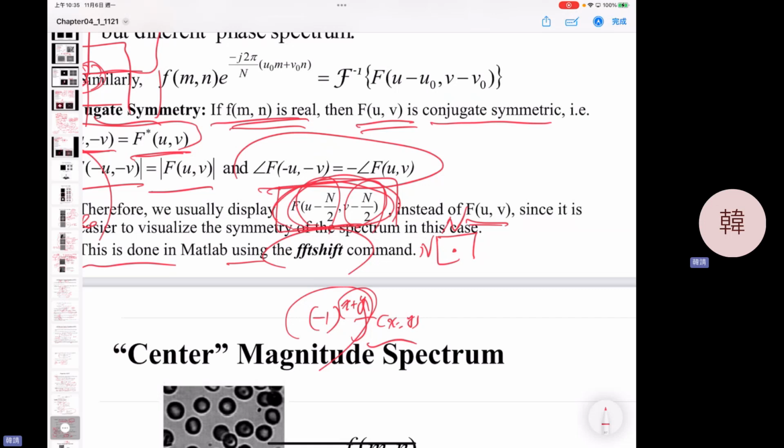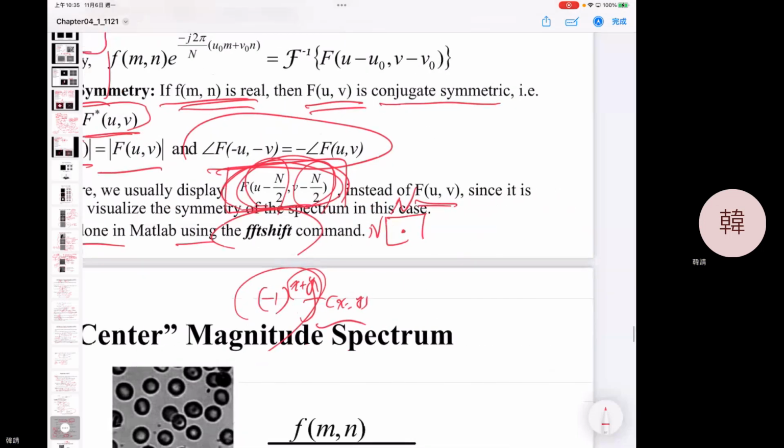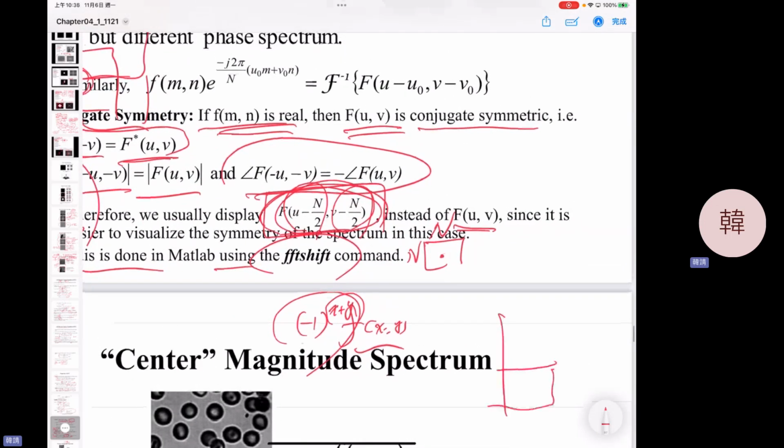But if you look at your magnitude spectrum immediately, you will see your low frequency component located at the corner. It's not a good one. So you are going to multiply by this before you do FFT2. As you use MATLAB, you'll do it in your next homework, after the midterm.